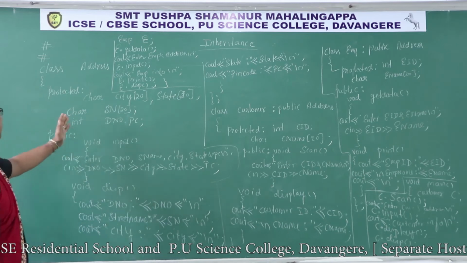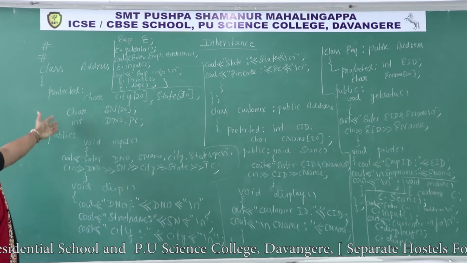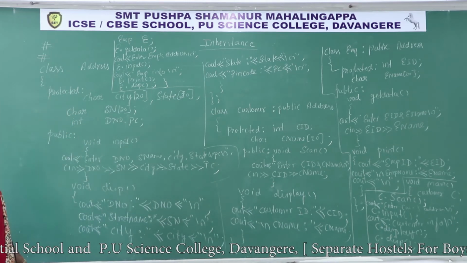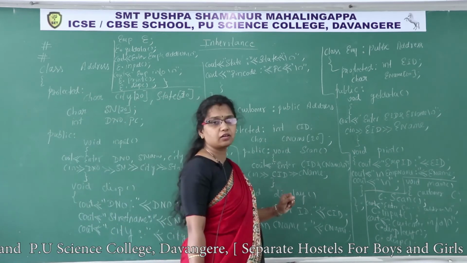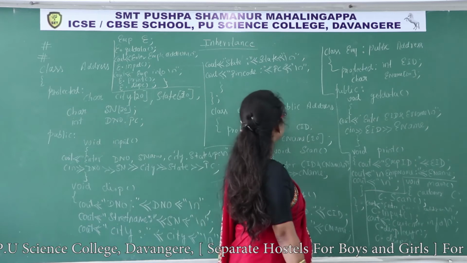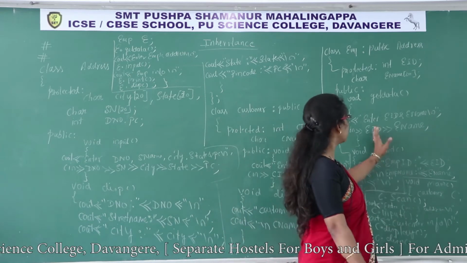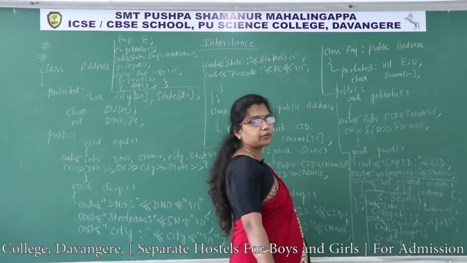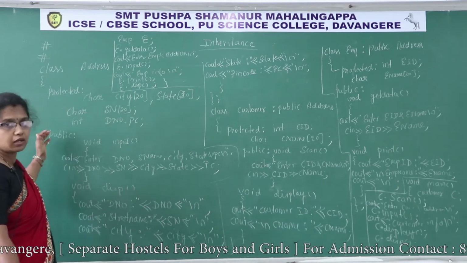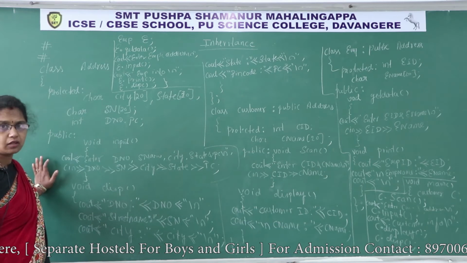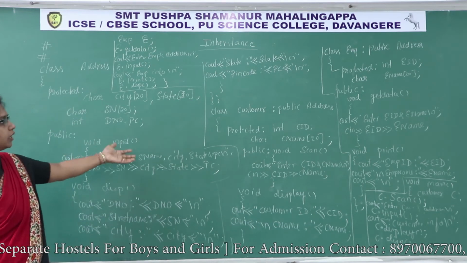If we had not taken this address class, every time in every class I must take these many data members in order to display the address of customer and address of employee. That's why I have taken a base class, meant for getting the address of a person. Here the person is employee and customer.